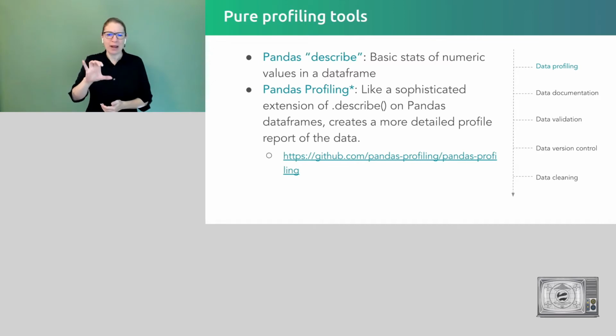So it gives you the min, max, mean, etc. Pandas profiling is a much more sophisticated version of describe. It gives you a profile report. It gives you a lot more statistics. It gives you histograms, etc. So we're going to show all these in the demo later on.